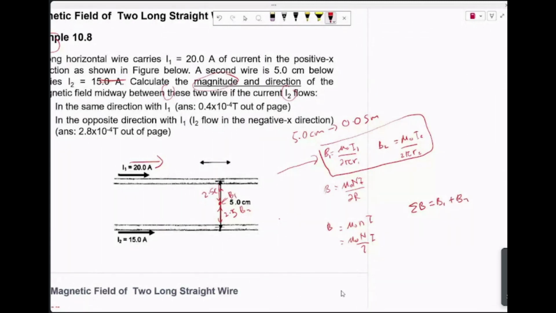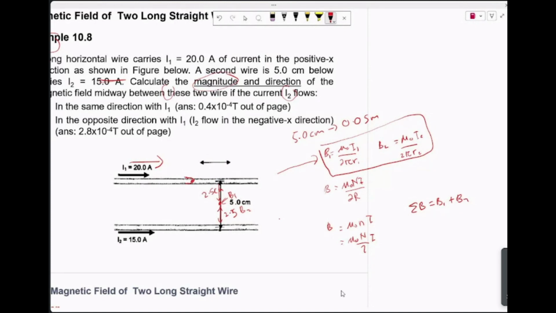But remember, this magnetic field has a direction, and the direction corresponds to the direction of the current. How can you know the direction of the magnetic field at that particular point? By using your right hand grip. Again, imagine that this is the thumb.